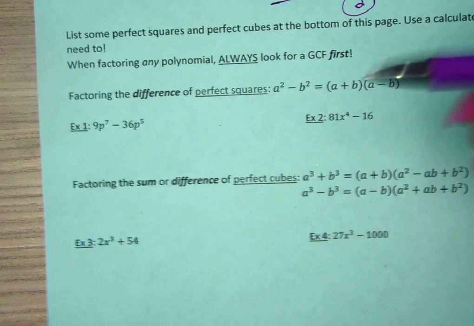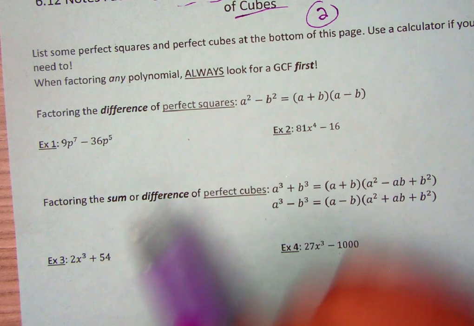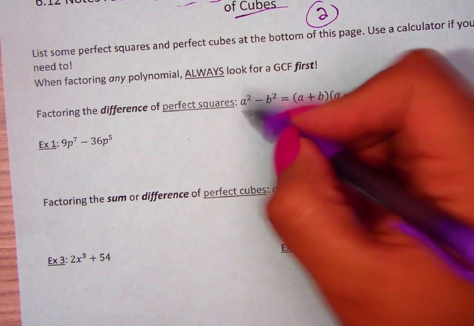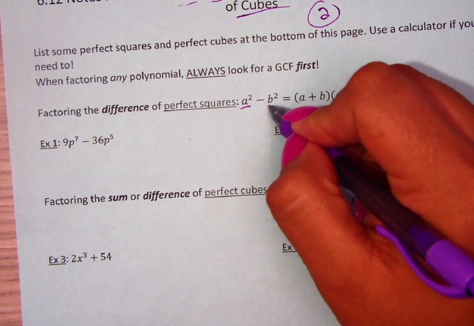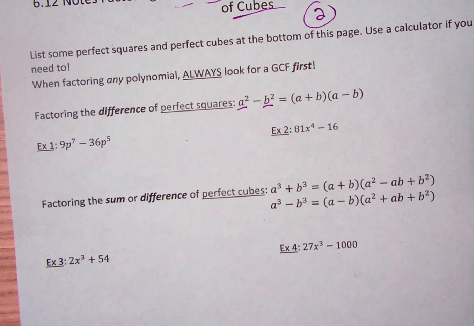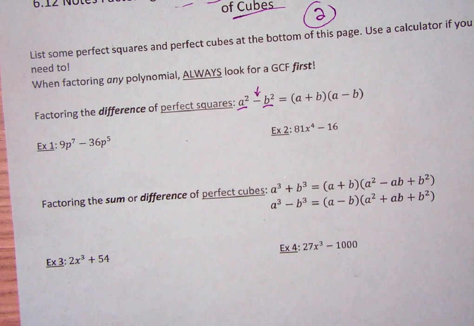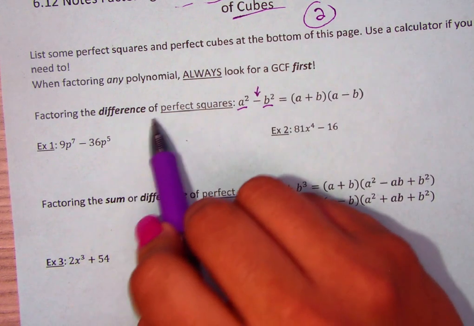So you're going to look at the binomial that you have, and ask yourself if what you have in the beginning and at the end are both perfect squares. If they are, and there's a minus between them, then it's a difference of perfect squares.